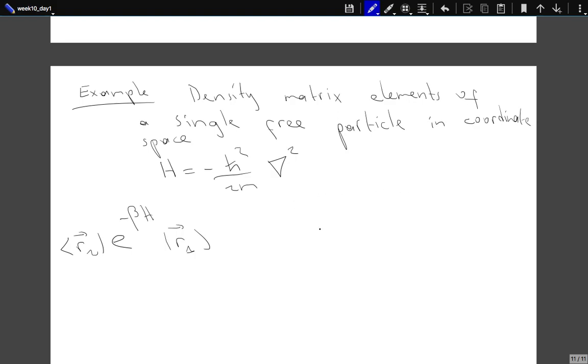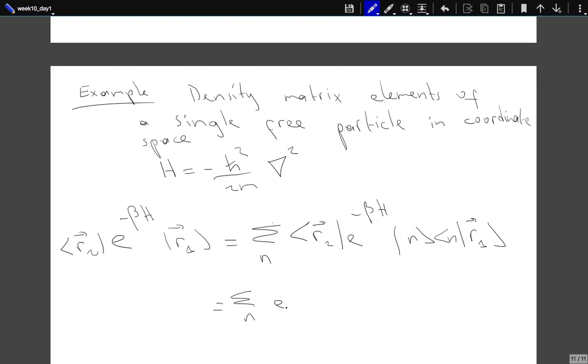Now the wave functions, we can write this using the energy basis, sum over n. So we first need to determine what are the energy eigenfunctions and energy eigenvalues of my system.